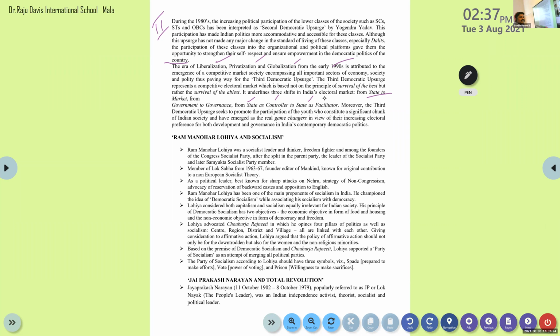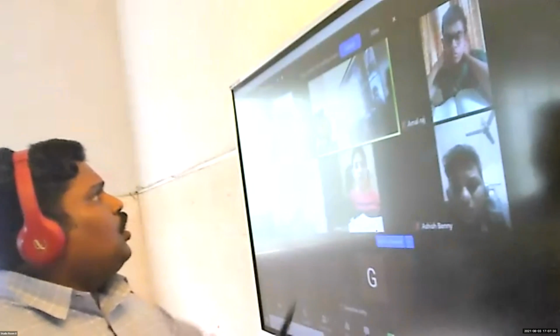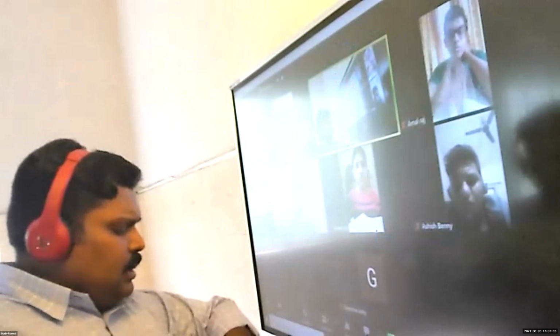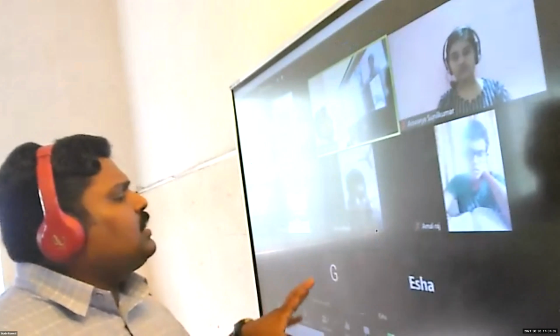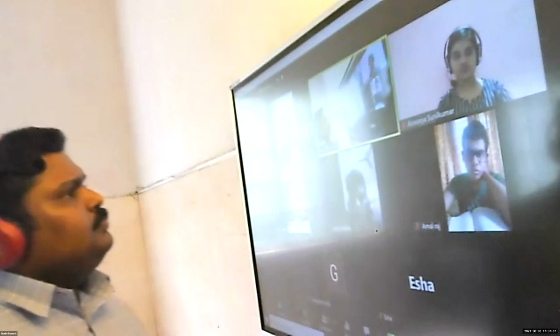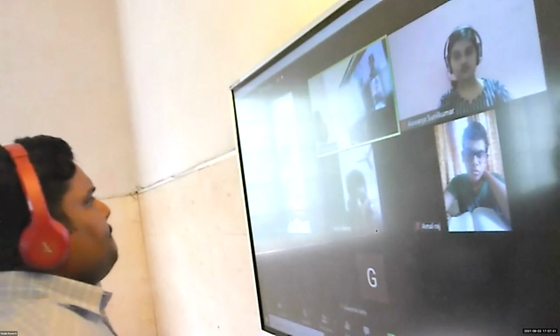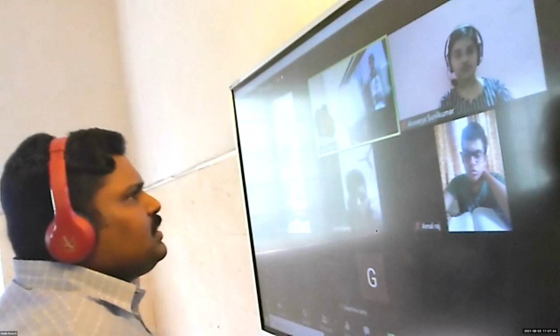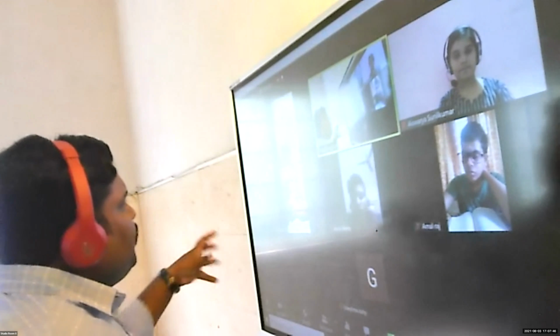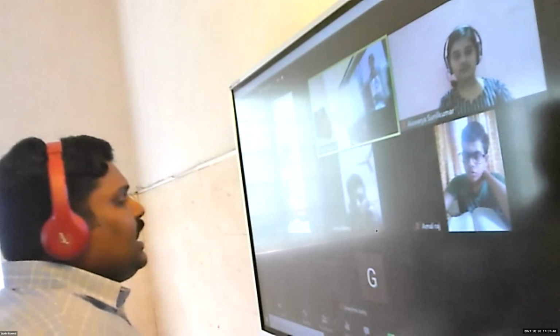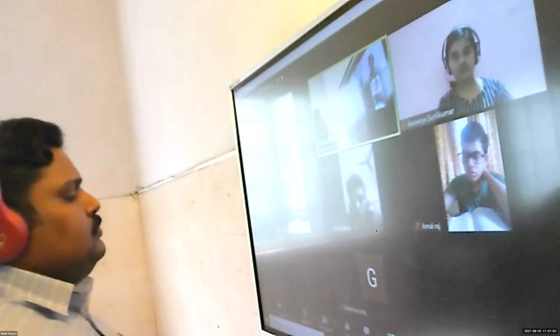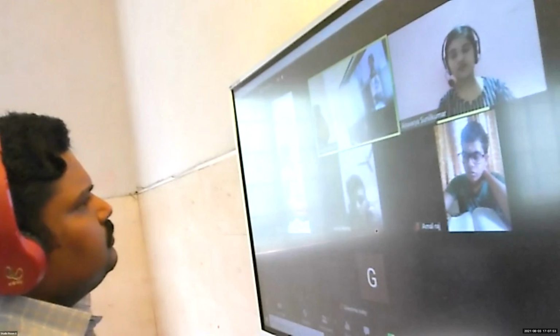So basically, to attract these young people, think you are the prime minister or the chief minister. What will you do to attract a number of people to your political party? Any programs? We want to attract the young people to our party. What can we do for it? Provide better education and job opportunities.